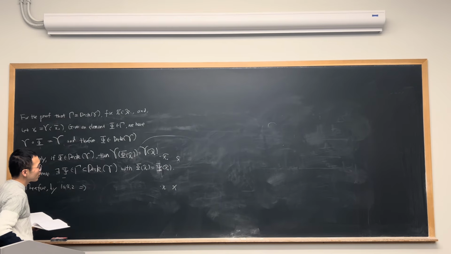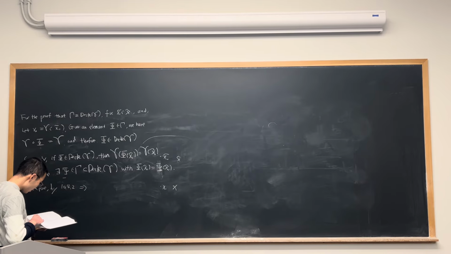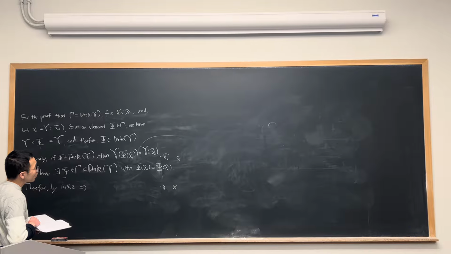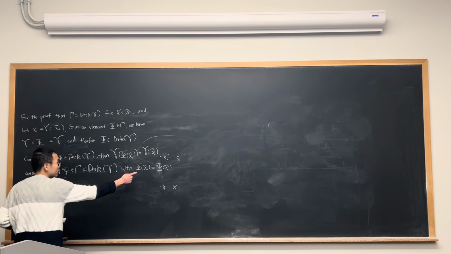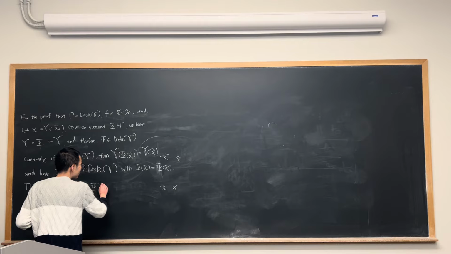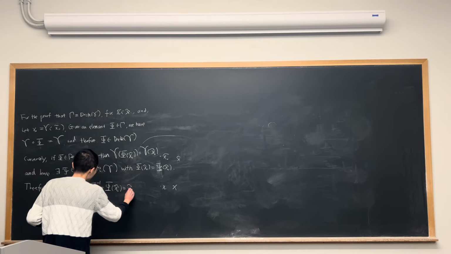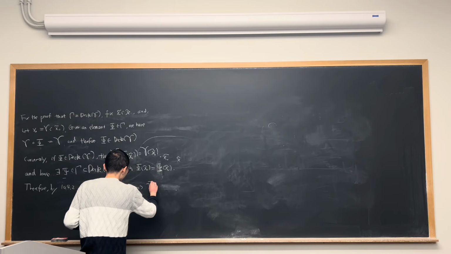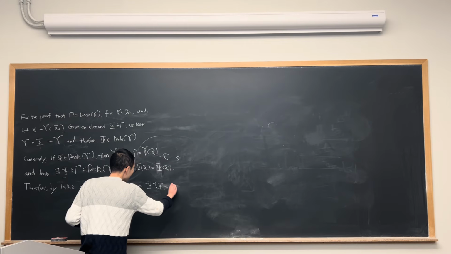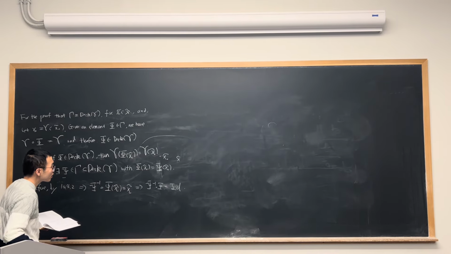Wait, hold on one second. Okay, so this implies that if you take the phi inverse composed with phi of this x tilde, this is actually the identity map, by part E of this theorem.